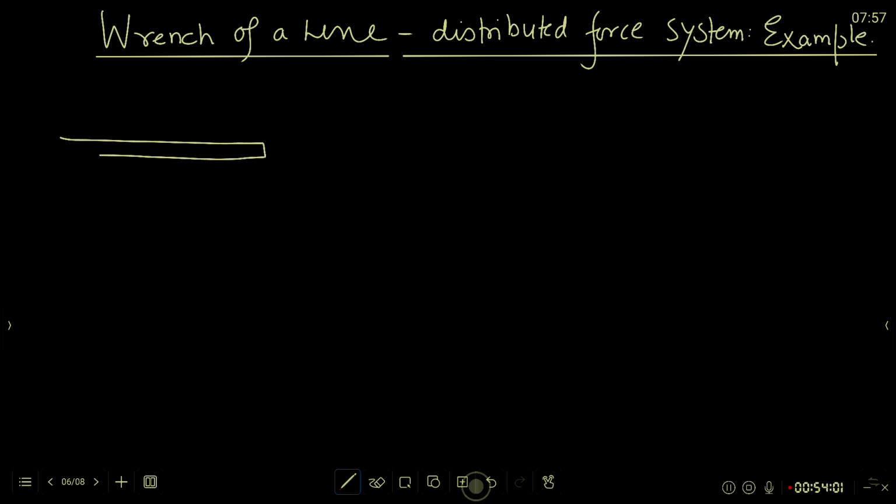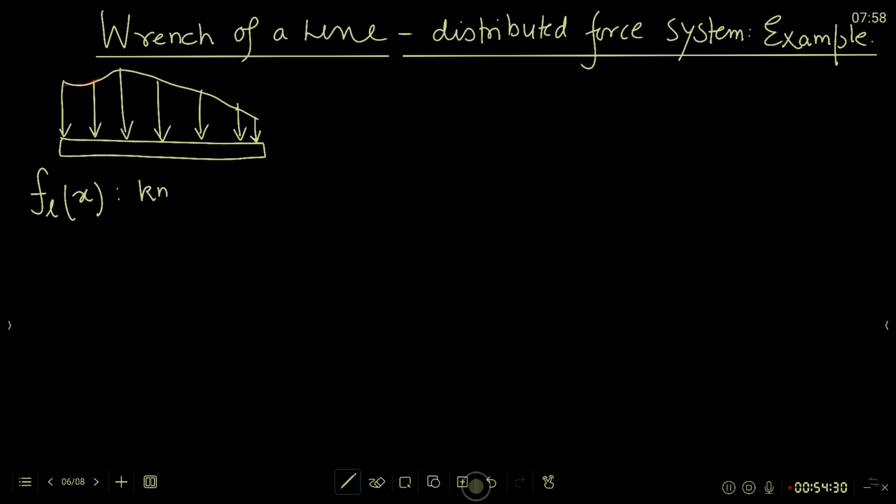I'll go with the sand heap example that I explained a couple of minutes ago. So let this line distributed force be characterized by this function FL of x. We are assuming it is known.